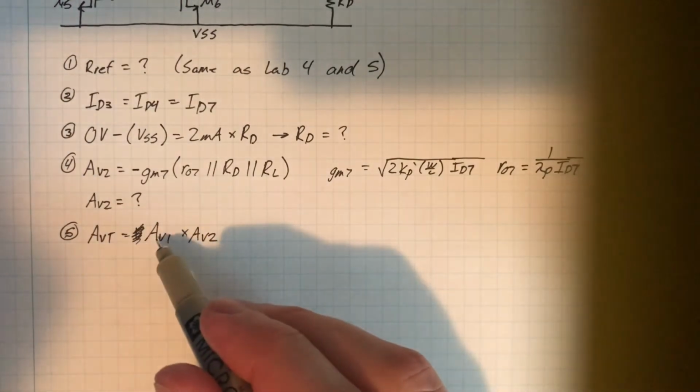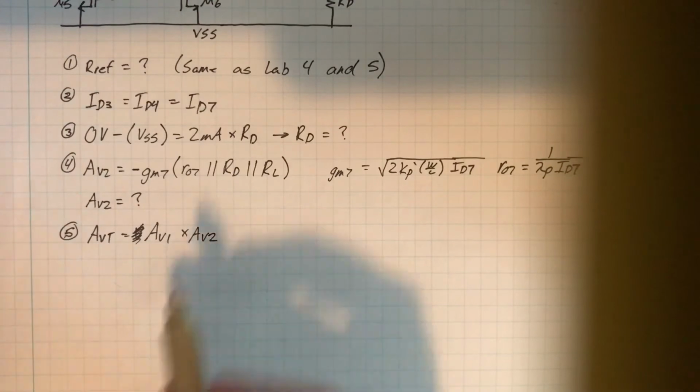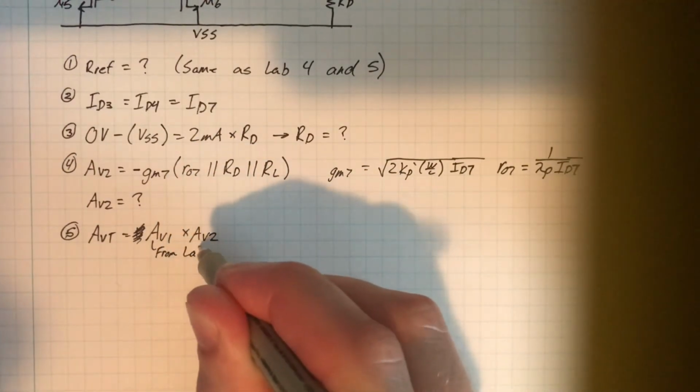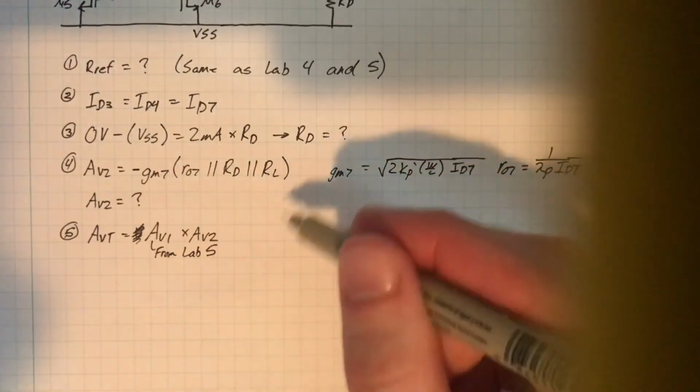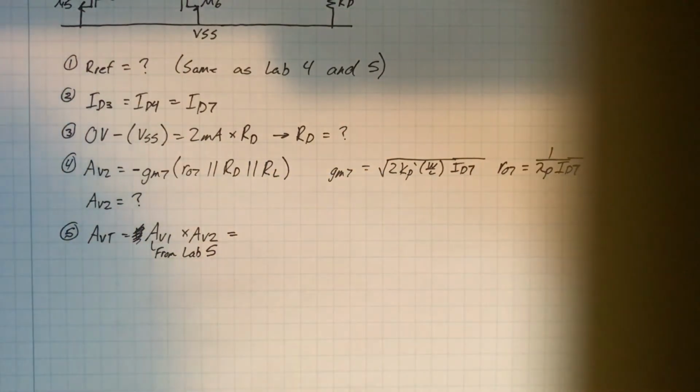First stage, you figured out the gain in the previous lab, so that's from lab 5. And AV2 you just solved. So you can get the total gain from those two numbers just by multiplying. It's important to note that the gain of cascading stages doesn't add together, it multiplies together.